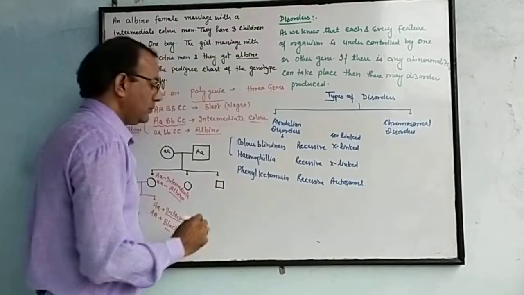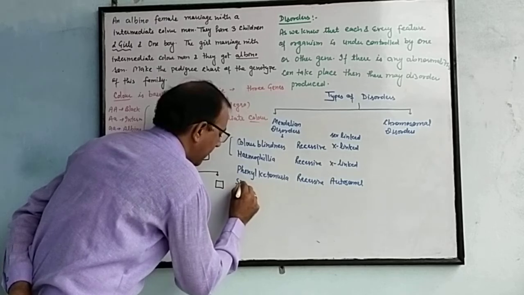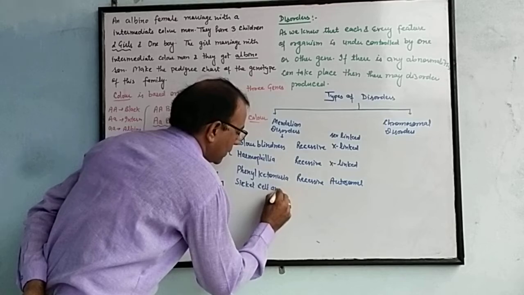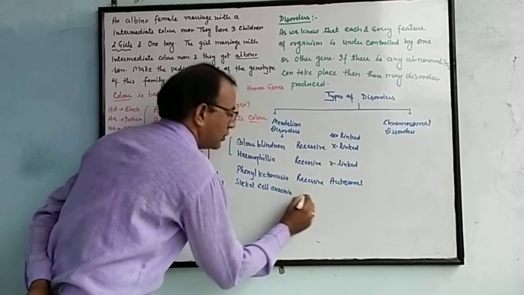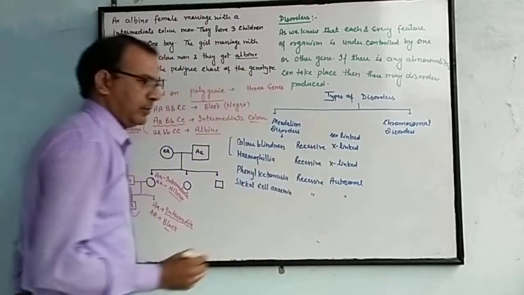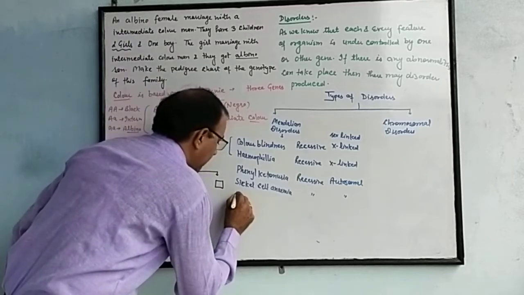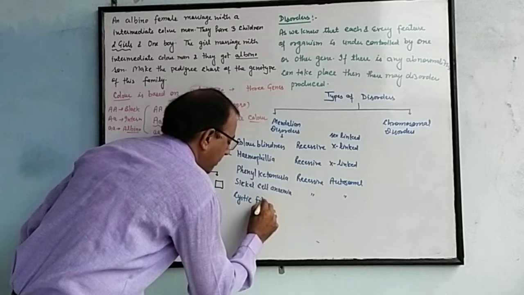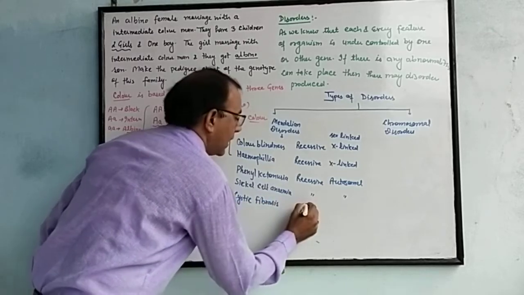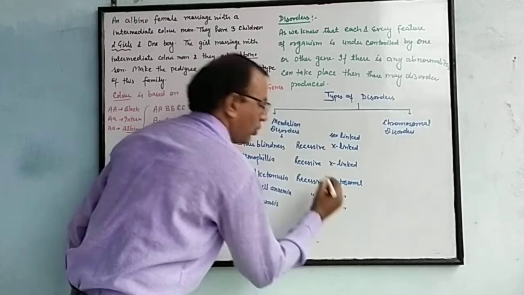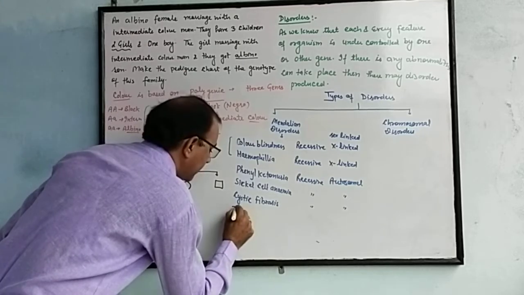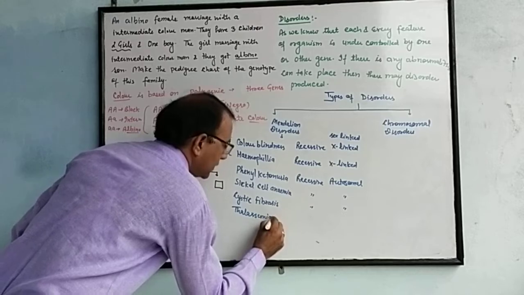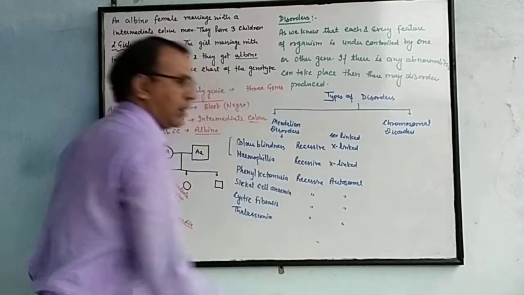Sickle cell anemia is also recessive autosomal. Cystic fibrosis is also recessive autosomal. Thalassemia is also recessive autosomal.